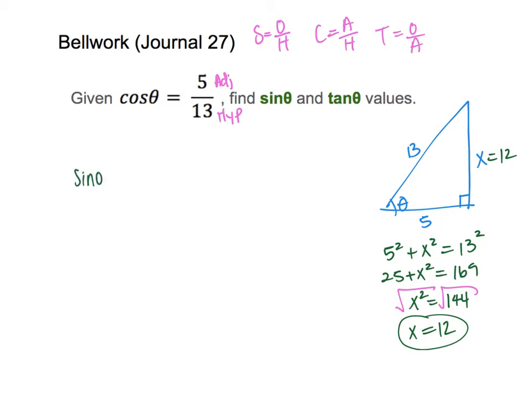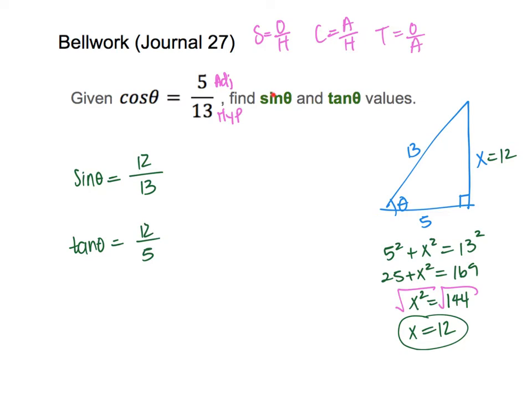Sine is opposite over hypotenuse, so this is going to be 12 over 13. If I want to know what tangent is, tangent is opposite over adjacent, so 12 over 5. And I would try to reduce if I could, but I can't here.